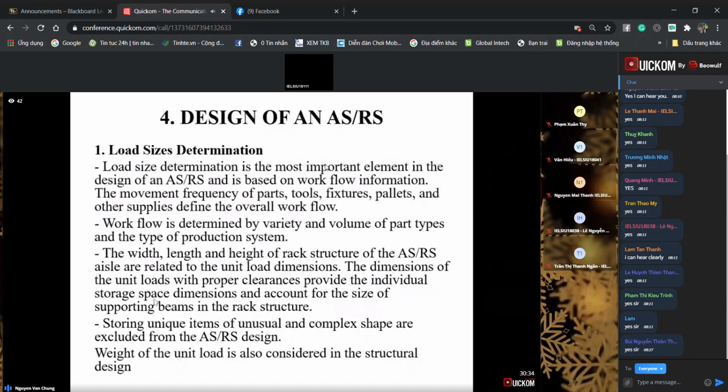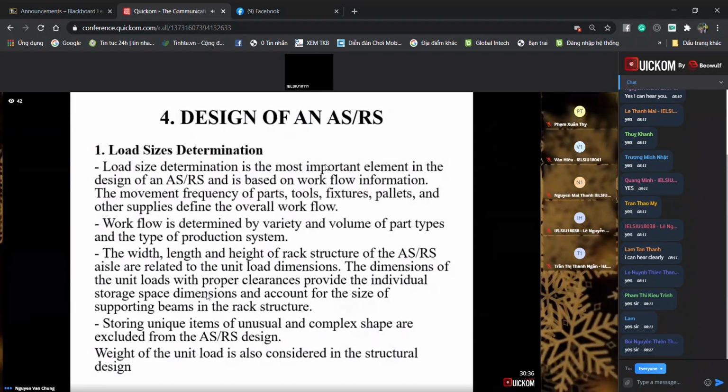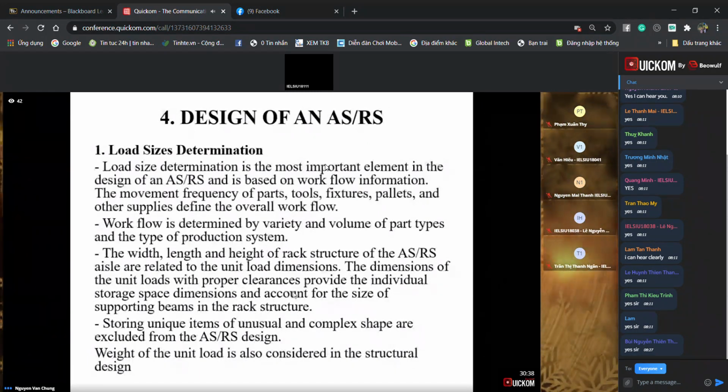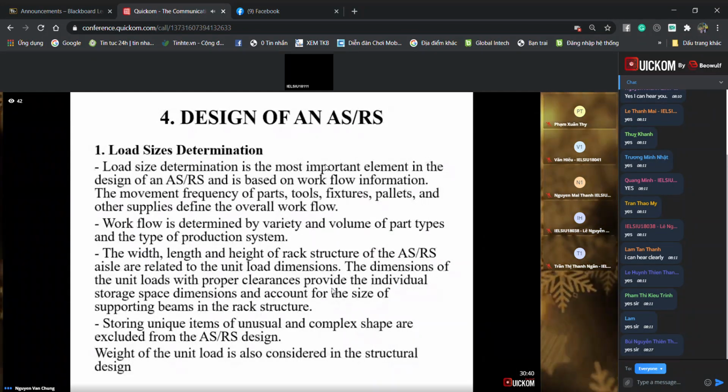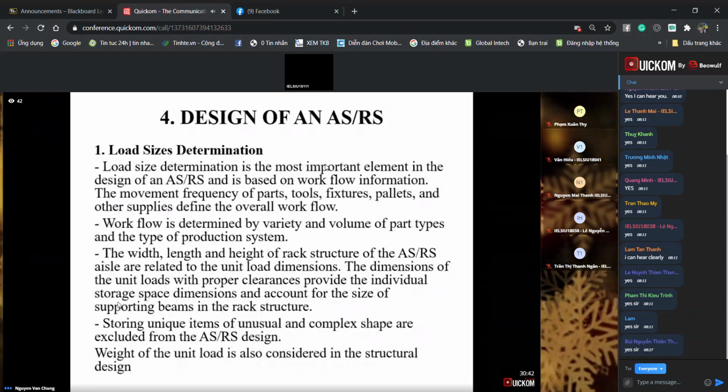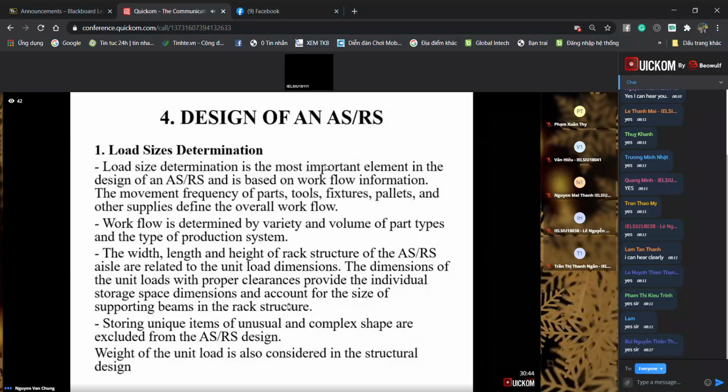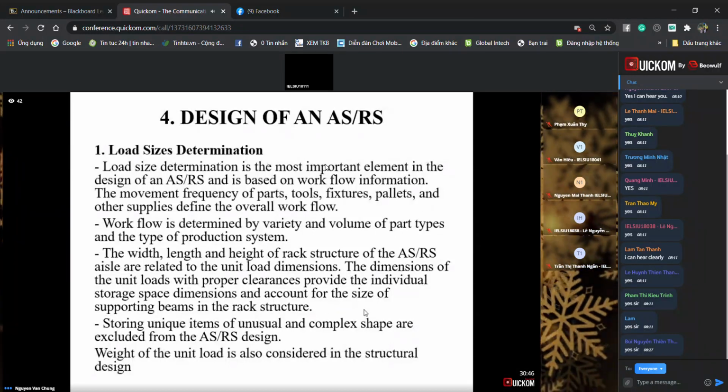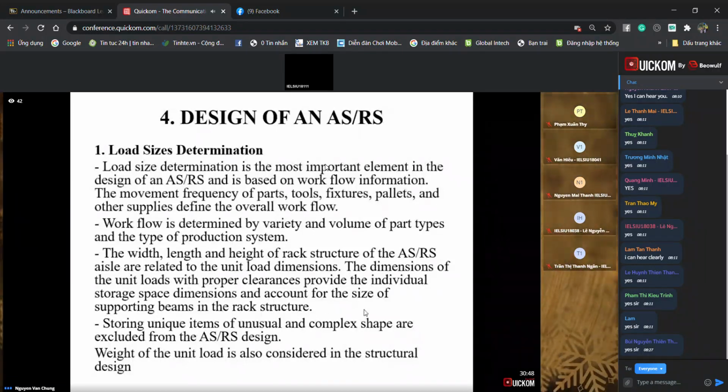The dimensions of the unit load with the proper clearance provide an individual storage space dimension and a scale for the size of the support beam in the rack.